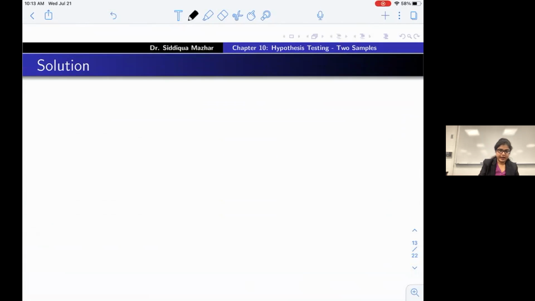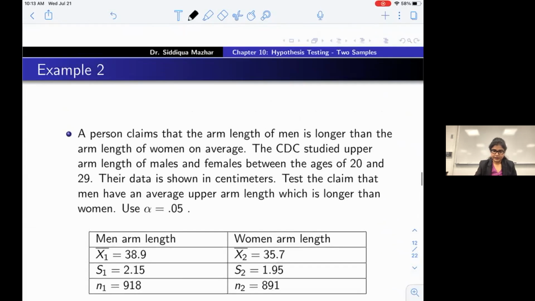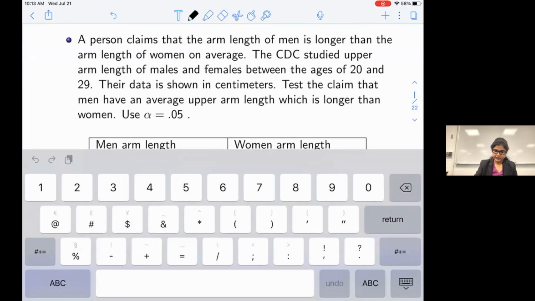So first of all, you have to write down your hypothesis. What is the claim? The average arm length for male is longer than the female.